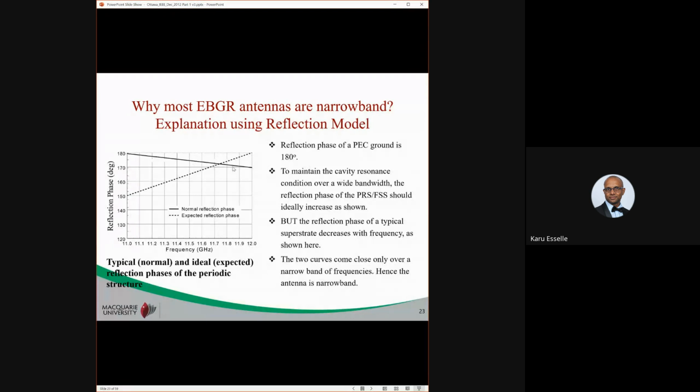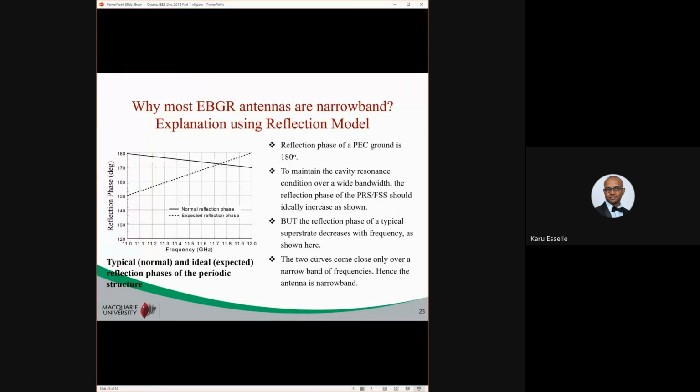But to get wideband performance, we need a reflection phase that increases with frequency. So we don't satisfy the cavity resonance condition at all frequencies. It's satisfied only at this frequency. As soon as you change the frequency, you break the cavity resonance condition. The cavity would not resonate, and you lose directivity and gain, and you have a narrow band antenna.